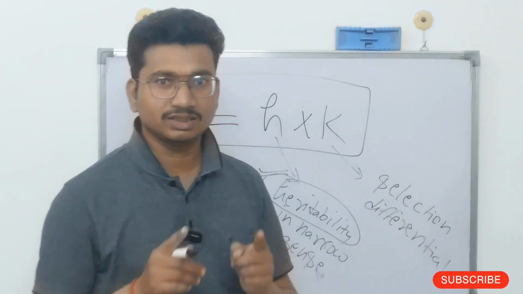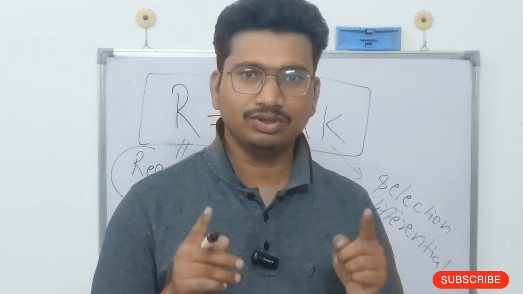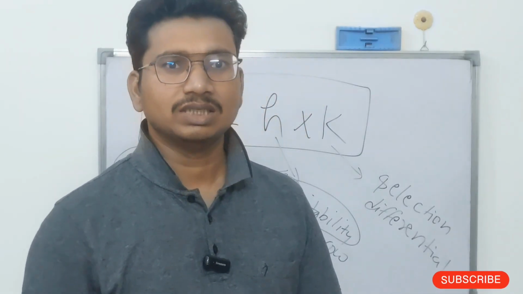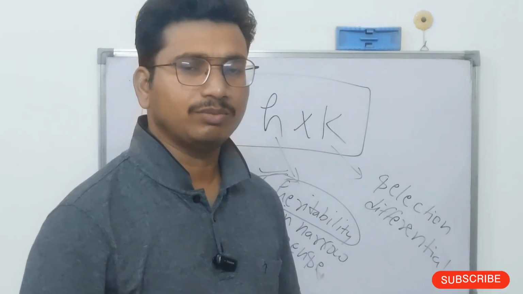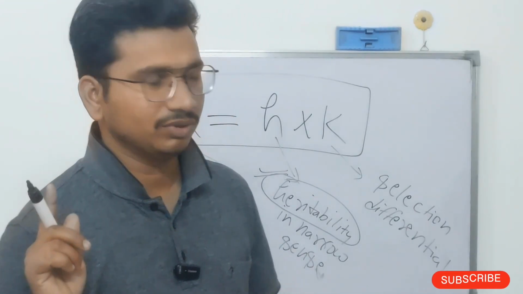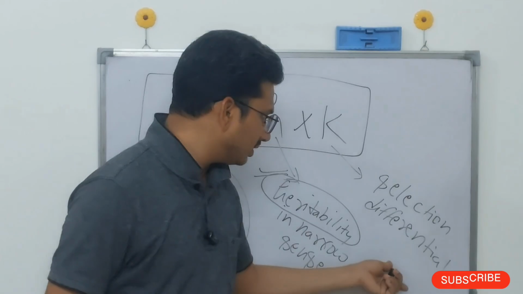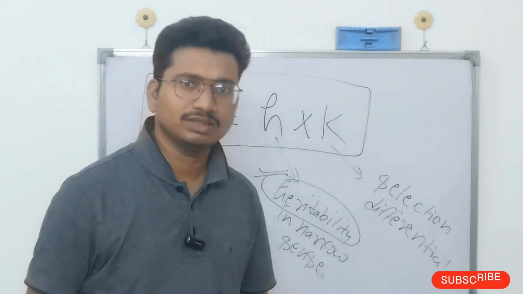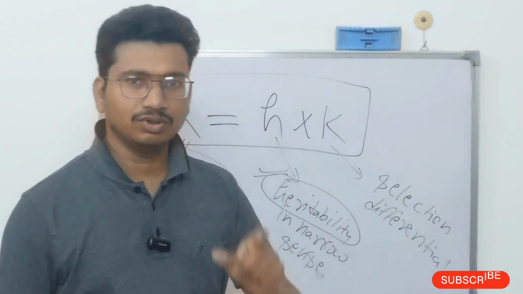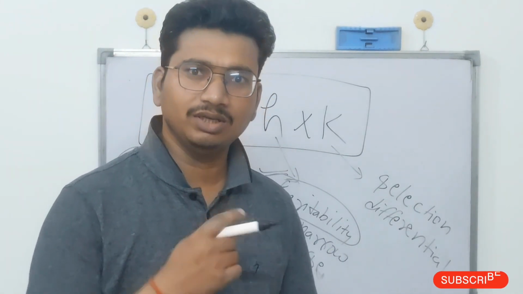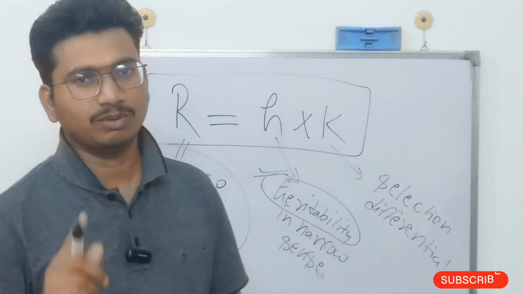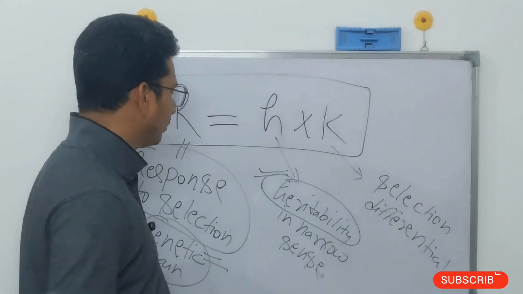Selection differential is the difference between mean phenotypic value of selected population and mean phenotypic value of base population or unselected population.